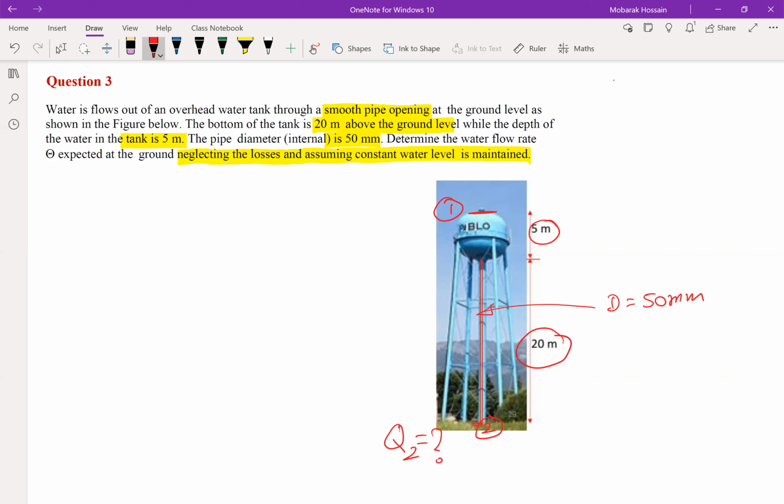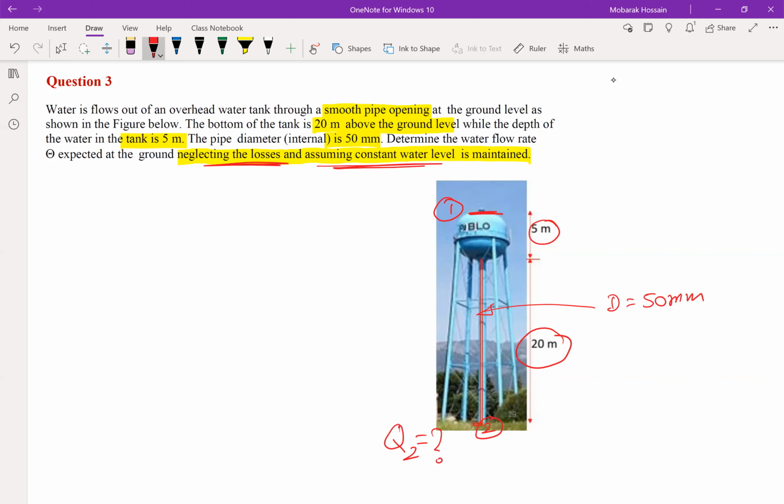So inside the tank at point 1, we maintain the constant water level, and inside the pipe, as the water flows from the tank to the ground level, there will be no loss.